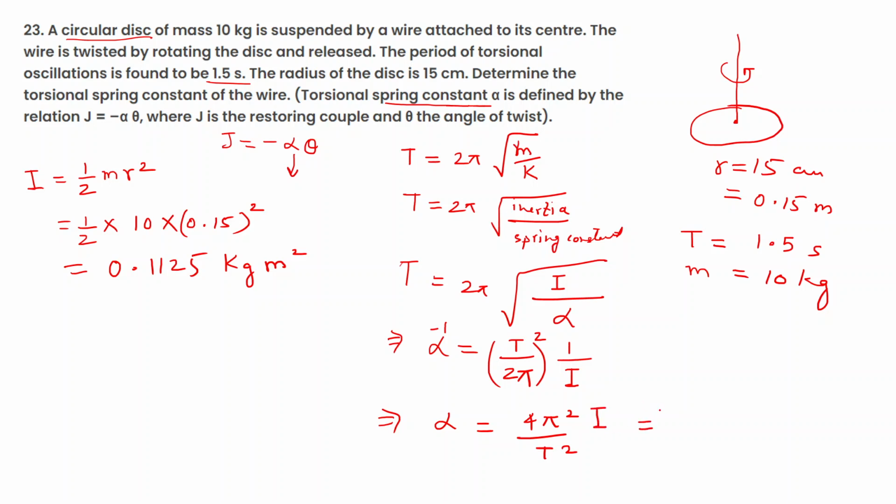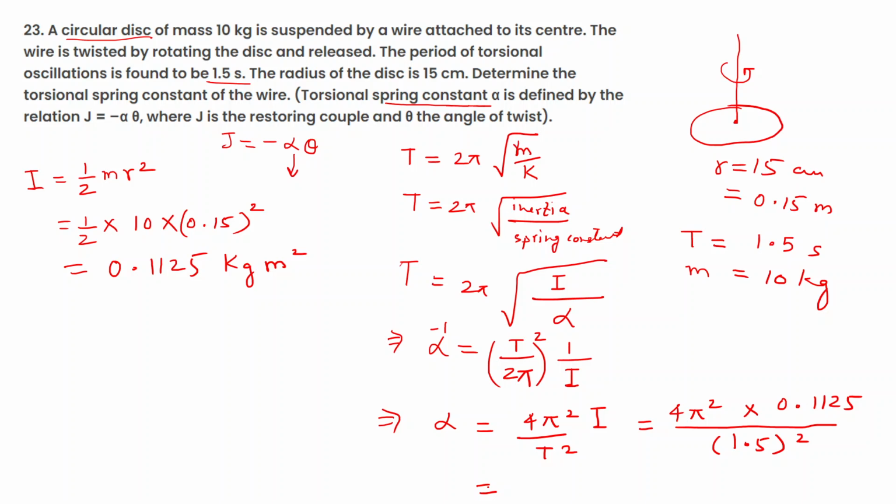And putting the values, 4 pi square, moment of inertia is 0.1125, divided by the time period, which is 1.5 seconds, square of that.